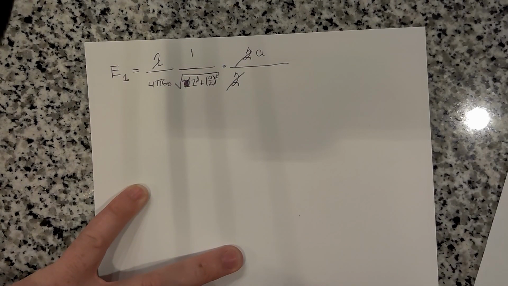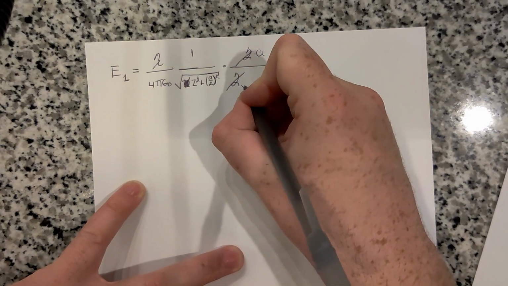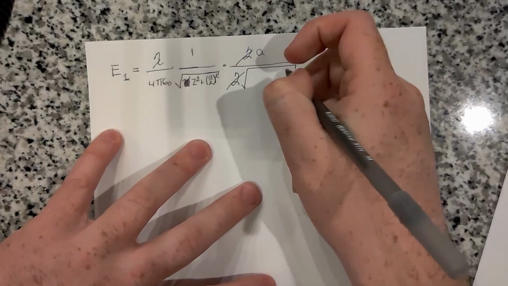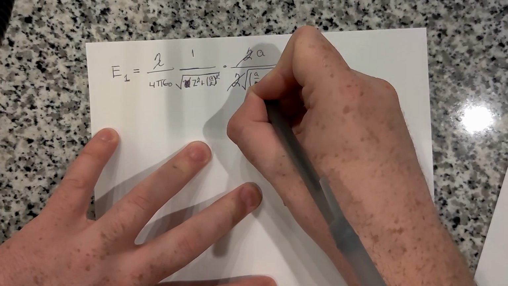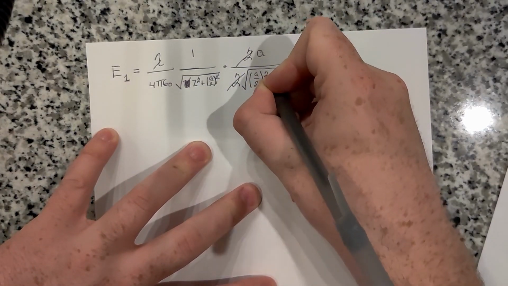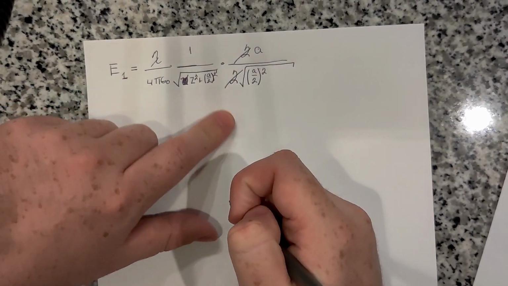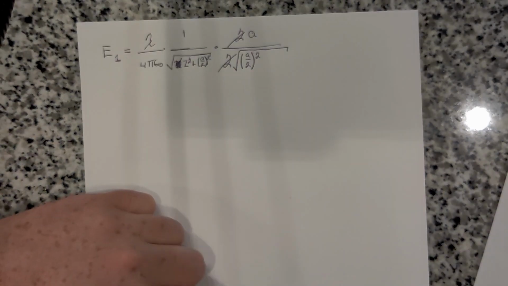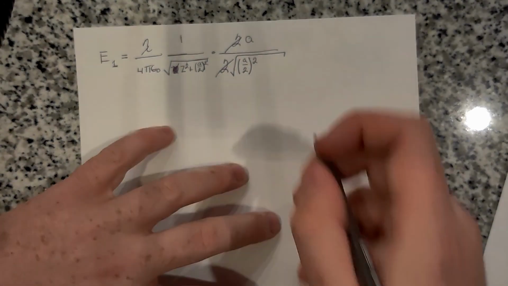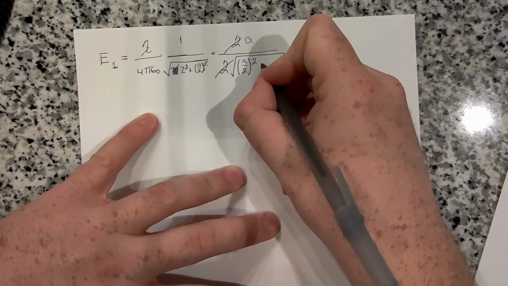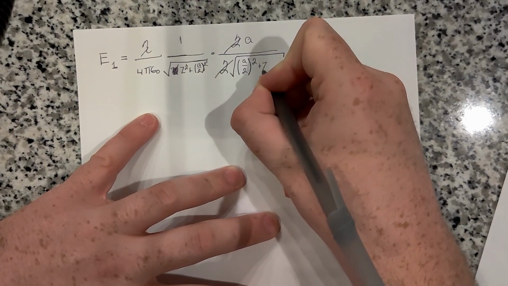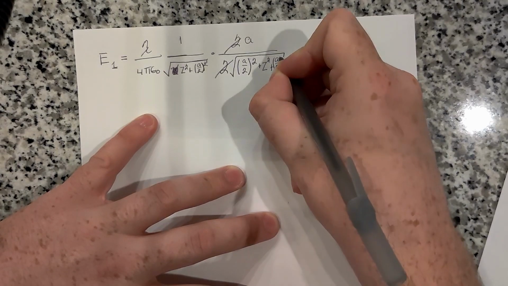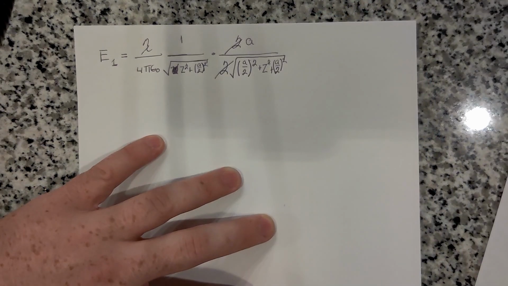And then we have the square root of L squared, which is A over 2 squared, plus Z squared. Well, Z is the square root of Z squared plus A over 2 squared. So that's going to end up being plus Z squared and then plus A over 2 whole squared again. It's getting a little cramped.